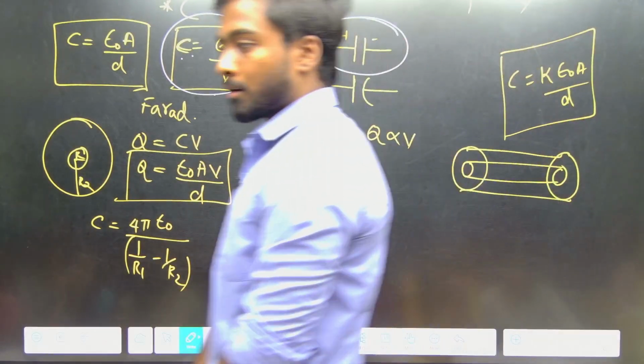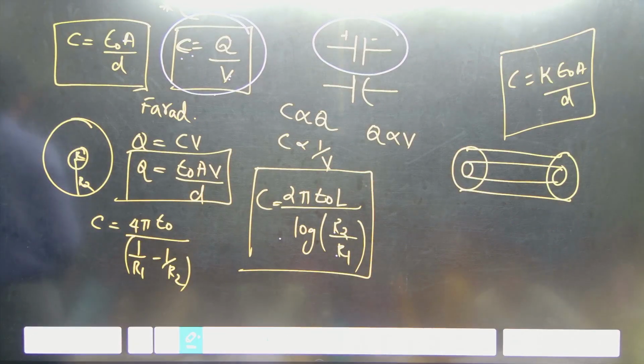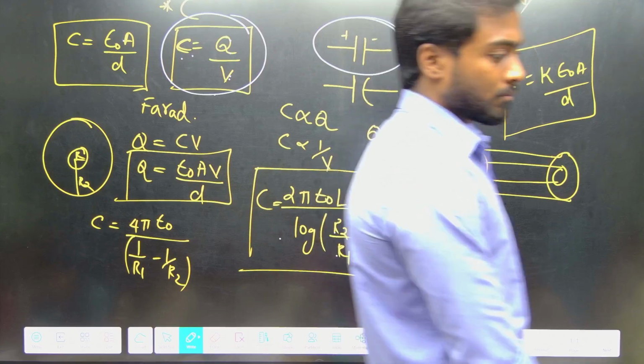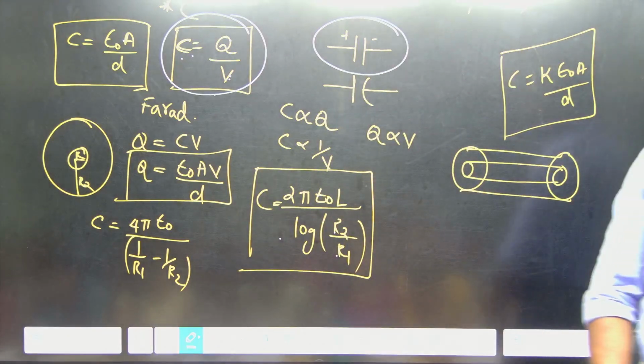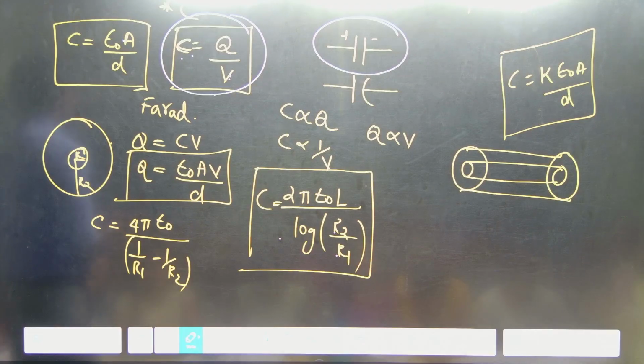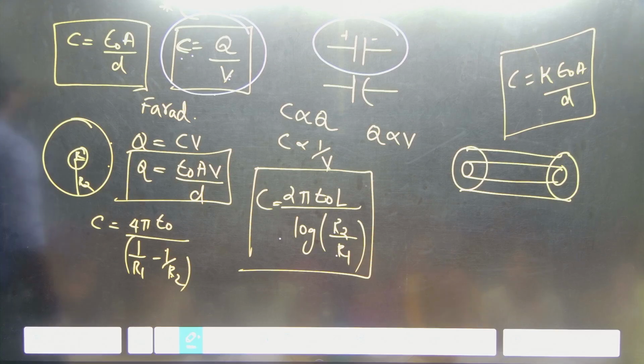Now the special case is isolated. Isolated means I am taking the outer shell to infinity. If I take R2 to infinity, 1 by infinity becomes 0.